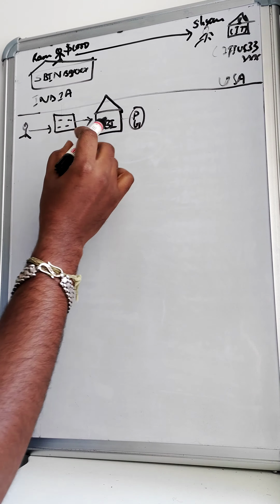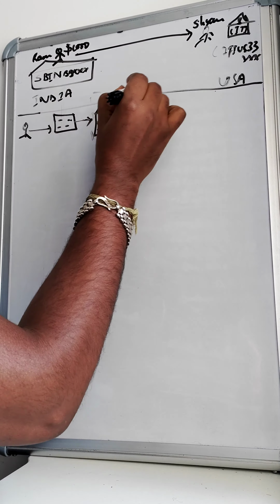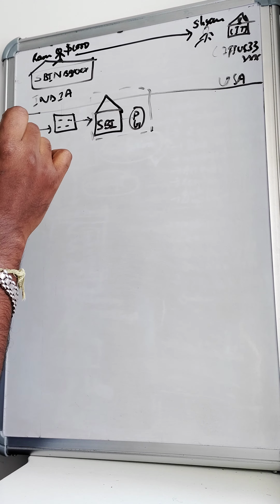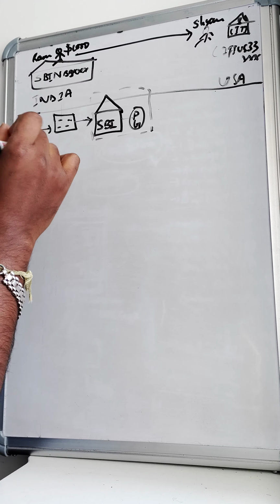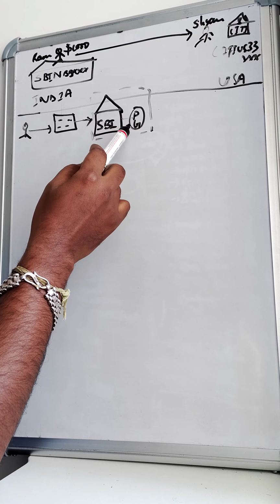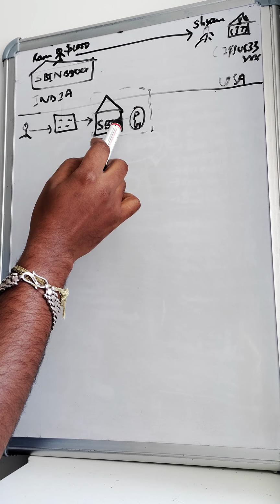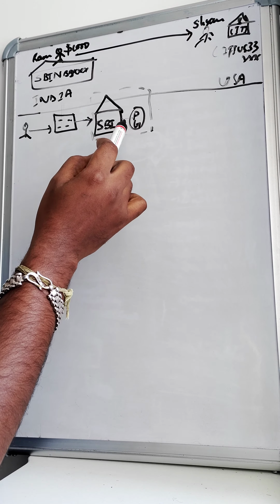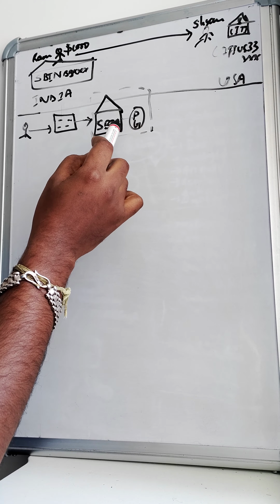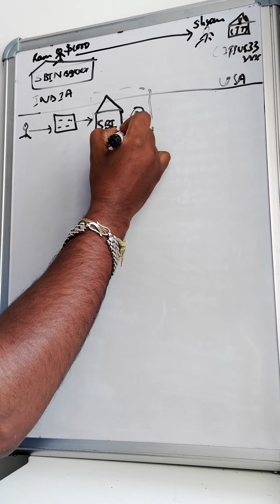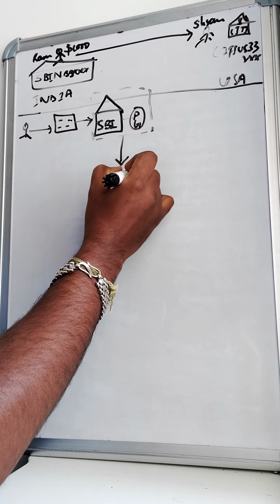So the payment gateway of SBI does the validation of the message format which needs to be sent via Swift. So all the validation is done at the payment gateway internal application of the SBI, which validates whether the message formats are correct or not, and then sends it over to the Swift network.